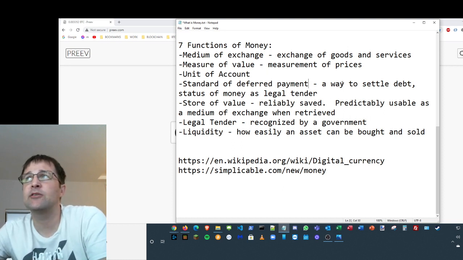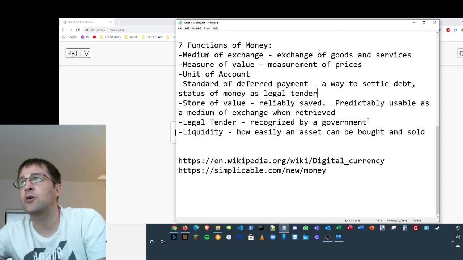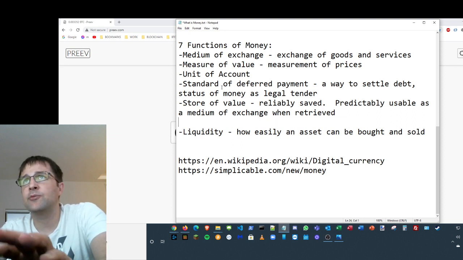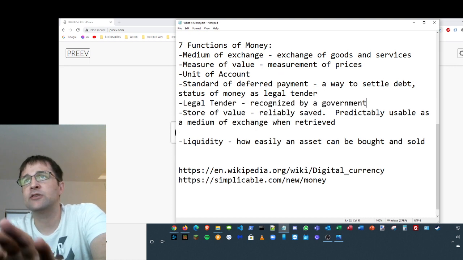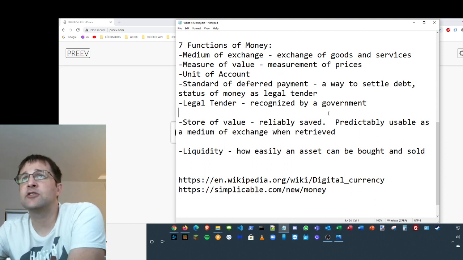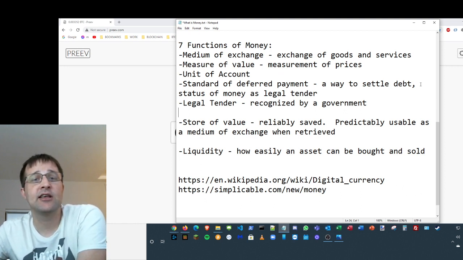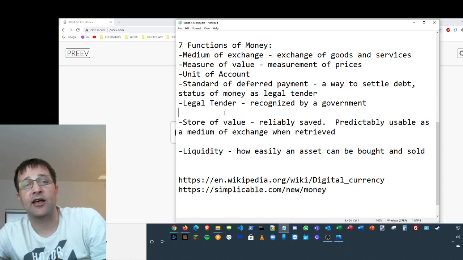Standard of deferred payment, a way to settle debt, status of money as legal tender. This one is also somewhat related when they talk about legal tender and Bitcoin being recognized by the government. One thing I will mention here is that there are certain states in the United States that do recognize Bitcoin as legal tender or an asset.